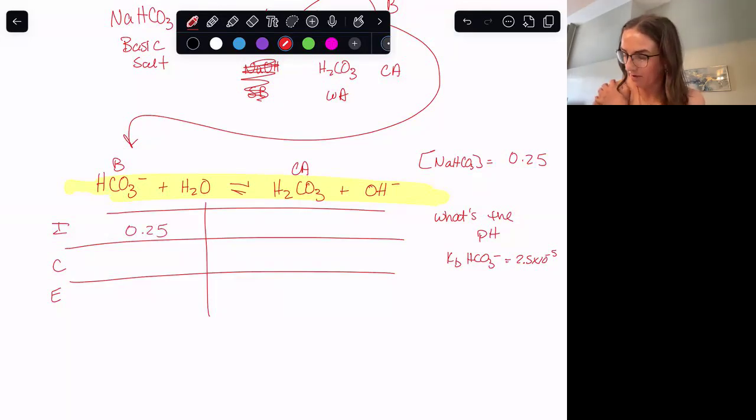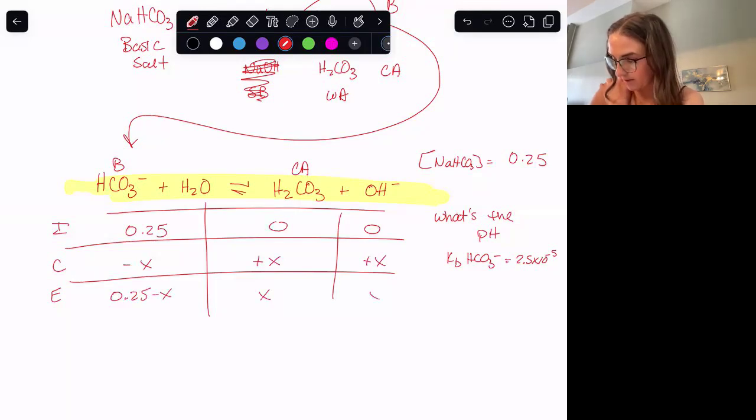So we are going to plug in 0.25 in our initial for HCO3 minus. We'll have 0 and 0. We'll have minus X, and plus X, leaving 0.25 minus X, and X.